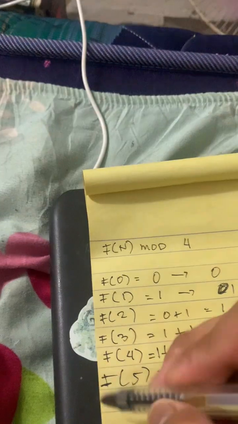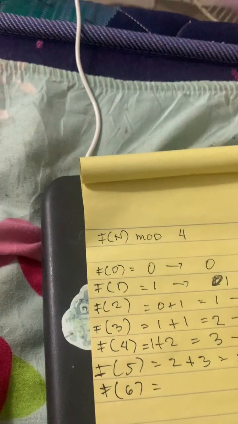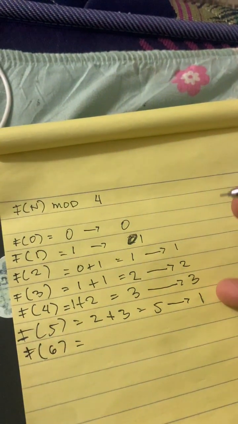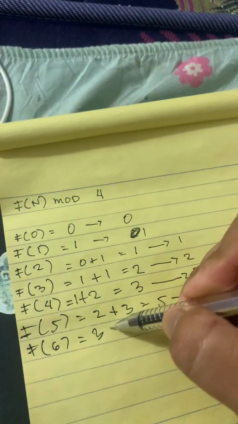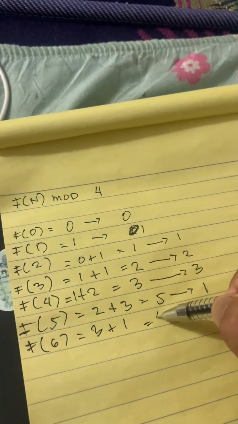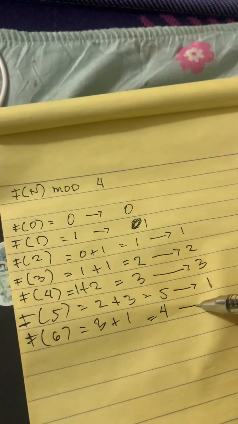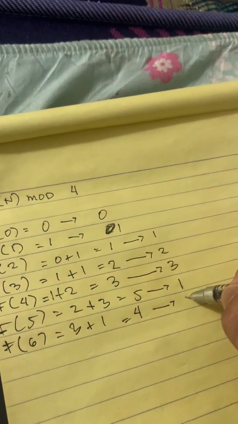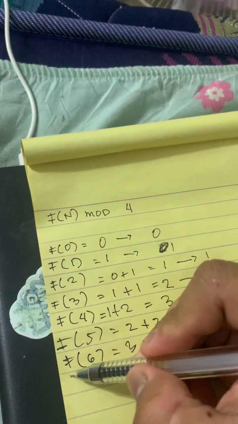So let's continue. F sub 6 is equal to the last two digits, 3 plus 1, which is equal to 4. And if you divide 4 by 4, we have no remainder, so this is 0. Continue.